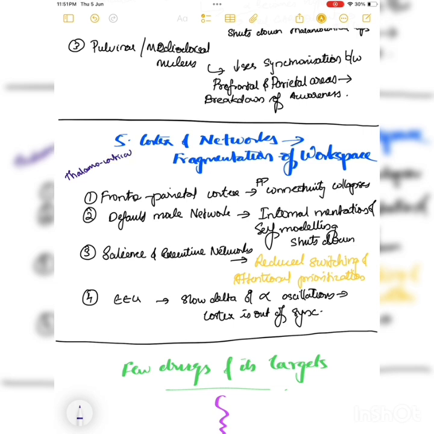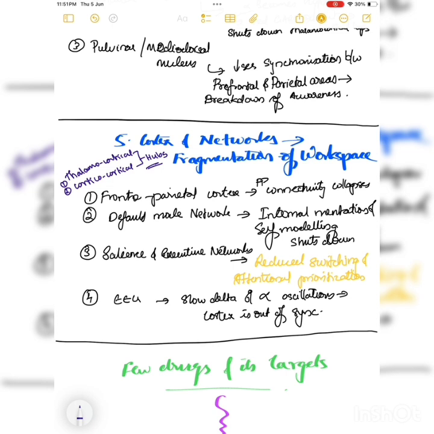So, the thalamocortical hub is a central relay system in the brain that integrates sensory, motor and cognitive functions. The thalamus connects with the cerebral cortex through cortico-thalamocortical loops, facilitating information processing and consciousness.